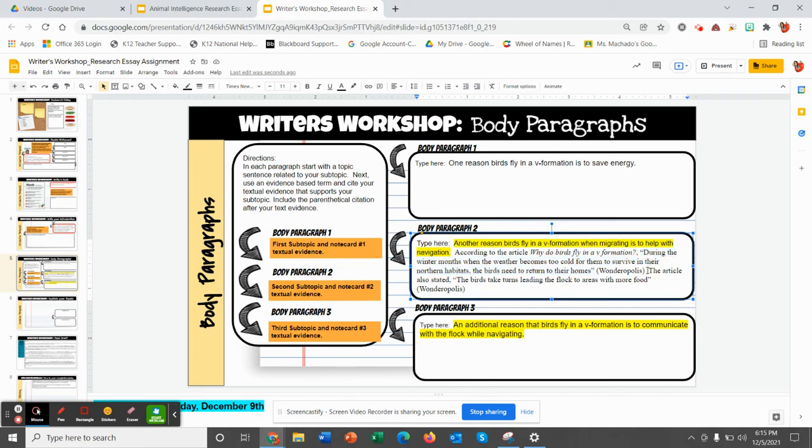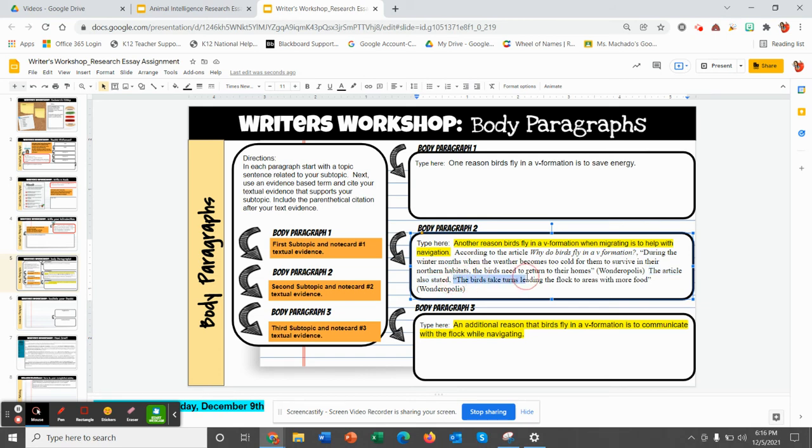Now, one thing we didn't talk about was in-text parenthetical citations. And after the direct quote, I do need to put in parentheses the publisher or the author who wrote this article. And that goes after every direct quote or summarization. The article also stated, that's another evidence-based term.